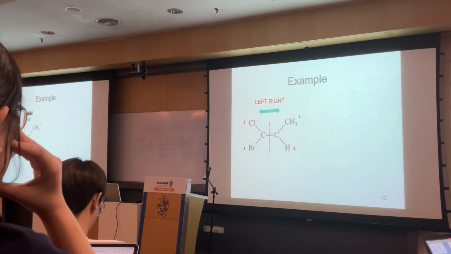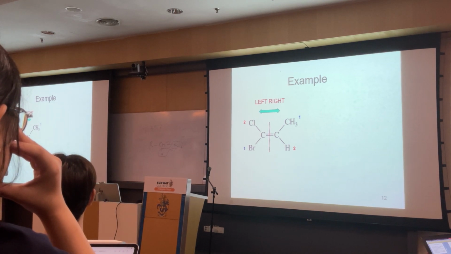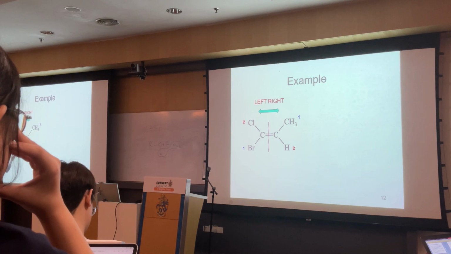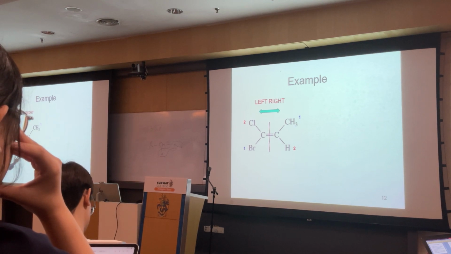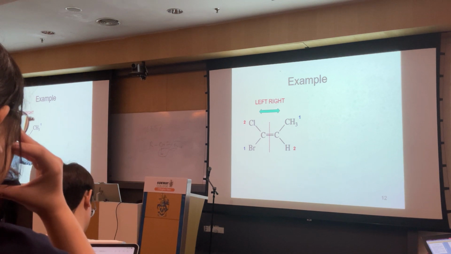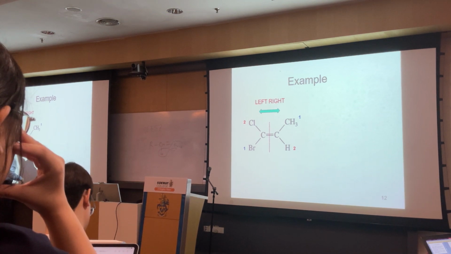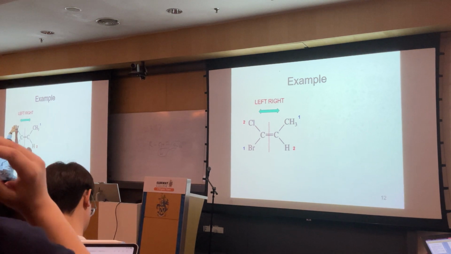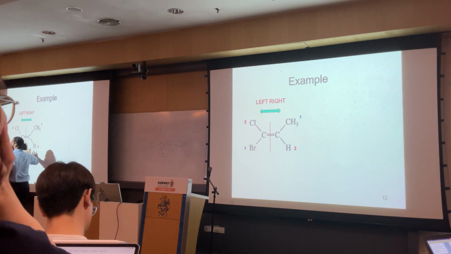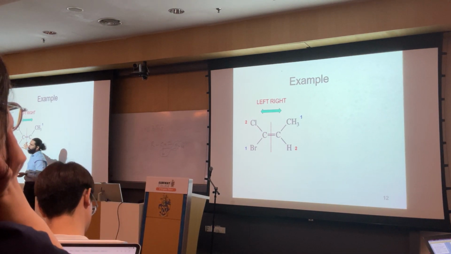Now the two higher priority groups are on the opposite side. So that's why this isomer would be E. If they were on the same side, meaning if you take bromine there and chlorine here, then it will become the Z isomer.